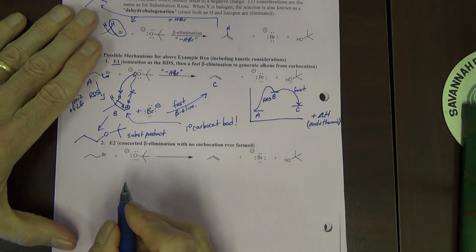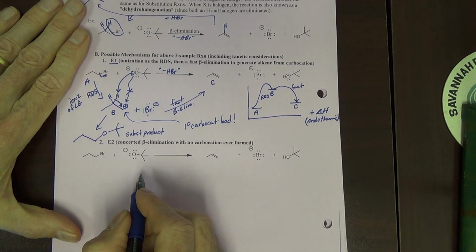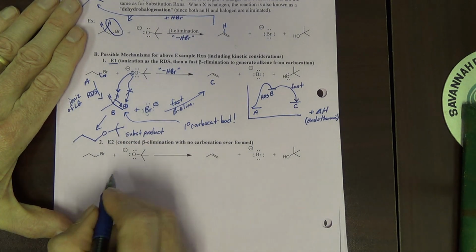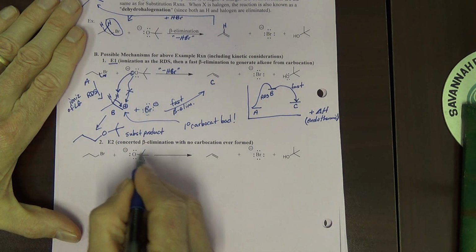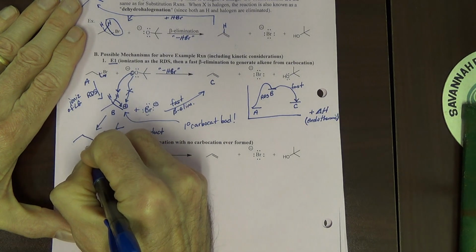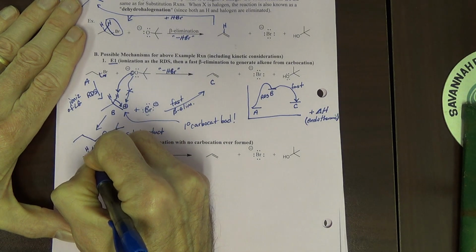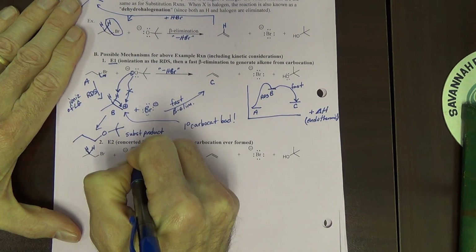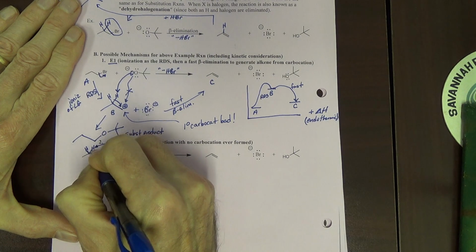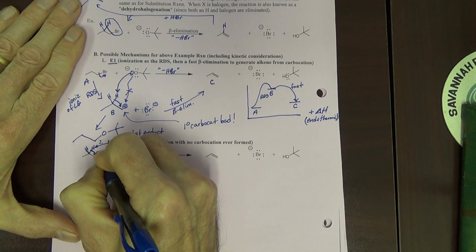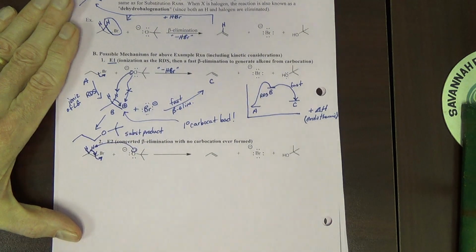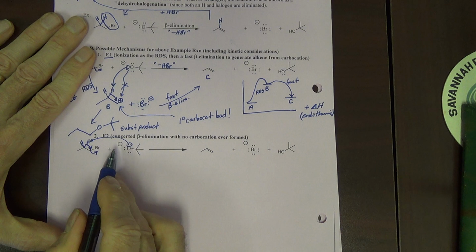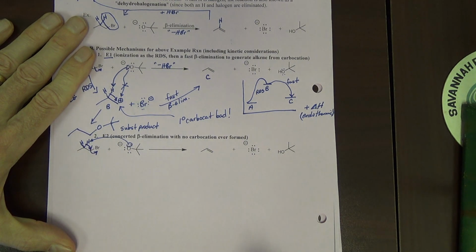Okay, another mechanism we could show is almost like an SN2. That is, this molecule is going to do something, but it's going to act as a base here, though. What if these electrons take the H, these electrons move in here, make pi bond, and kick that off all at the same time? What would all of that arrow movement give?